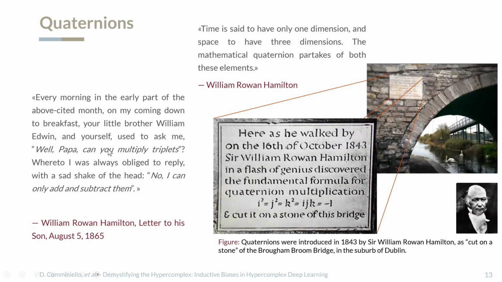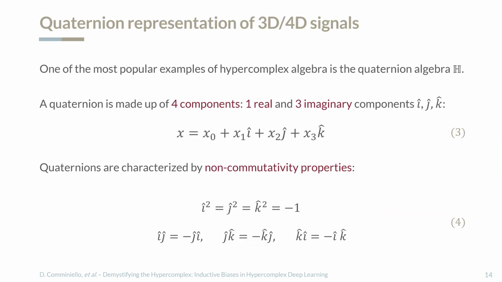This is a sentence Hamilton said to his son. And he said, with a sad shake of the head, "No, I can only add or subtract them." So he was obsessed by this fact. So he studied a lot.